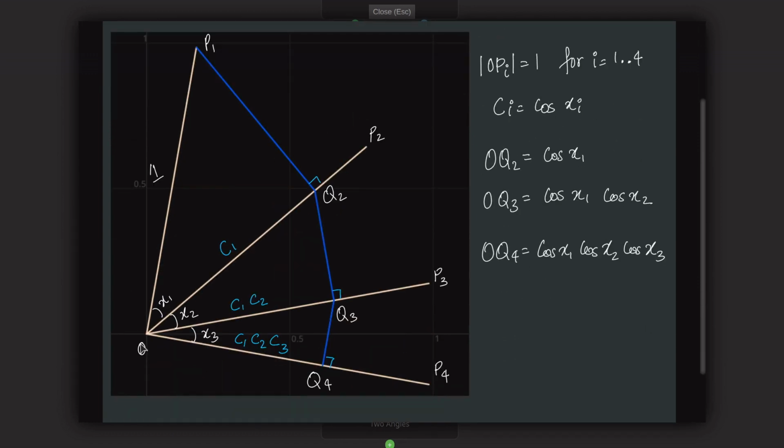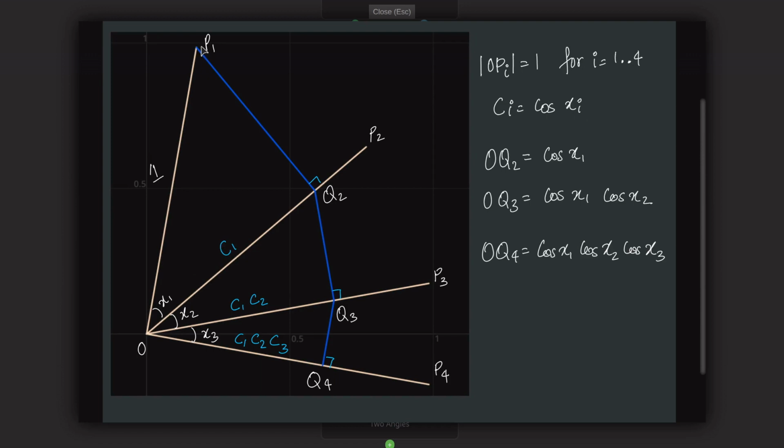The origin is sitting here, and a bunch of points P1, P2, P3, P4 are all at length 1 from the origin. And there are some angles sitting here. When this length is 1, this is cos x1. To make the notation easier, I'm calling it C1. So Ci is cos xi.